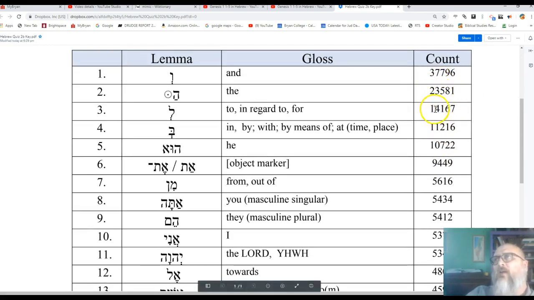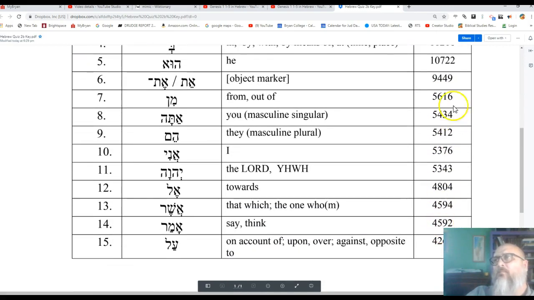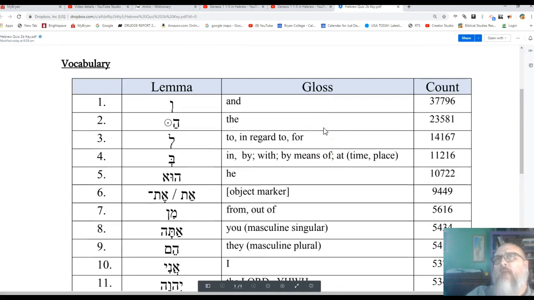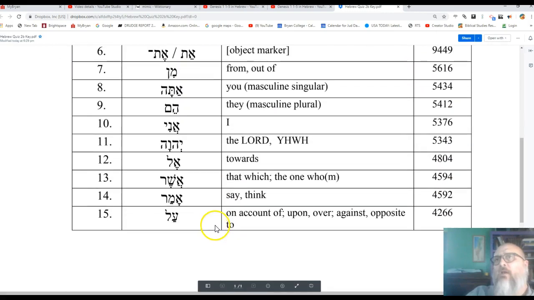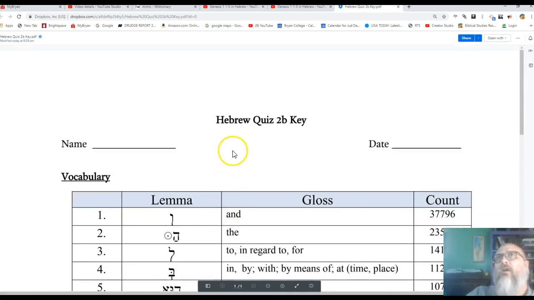This is 60,000, 74,000, 85,000, 95,000, 105,000, 110,000, 115,000, 120,000. You can just see these words will pay you back massively. These are the most frequent words. And so please memorize those.